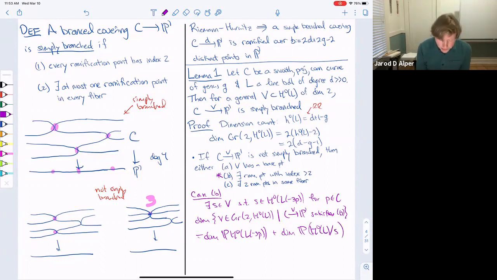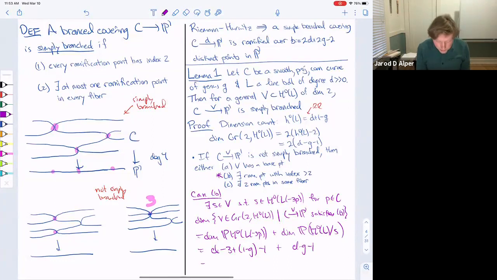And then if you do this dimension count using Riemann-Roch, you just compute this dimension. Okay, I'll cheat. I have it written here. D minus 3 plus D minus G and then minus 1.